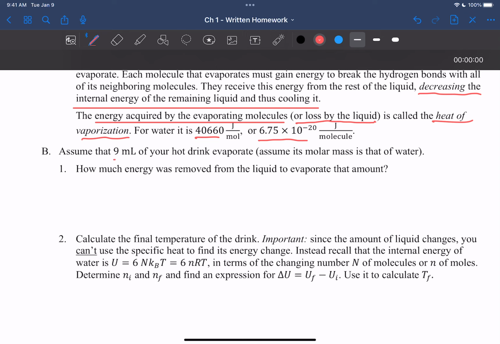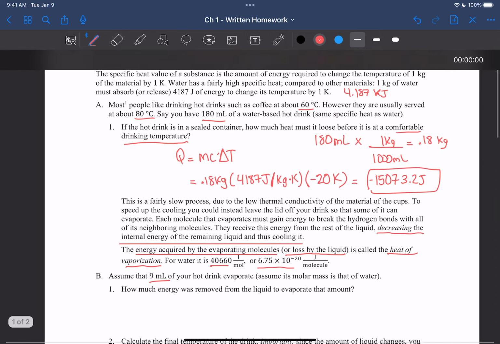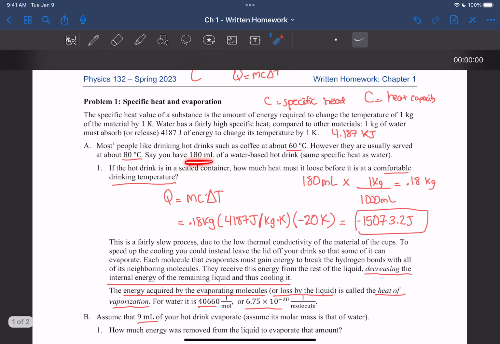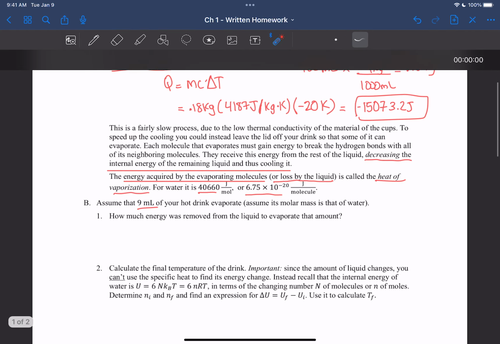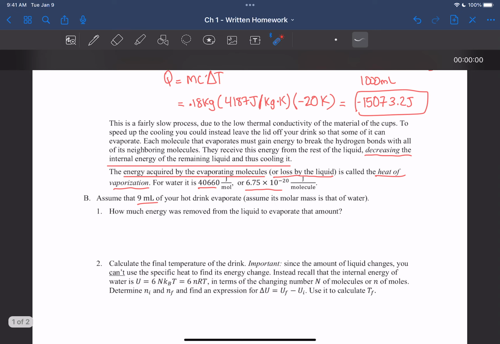So you have 9 milliliters of the hot drink, right? Remember, we initially had 180 milliliters of that hot drink. So 9 milliliters has evaporated. That's just during that evaporation stage, just during that switching of states of matter.